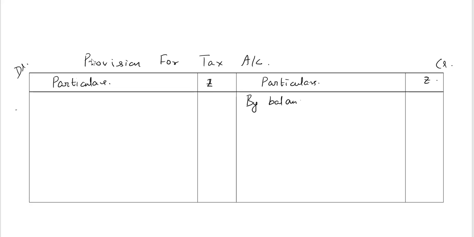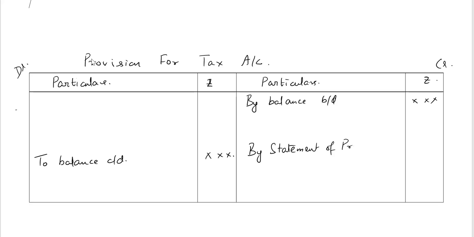By balance brought down, and the closing balance to balance carried down. Now we need to provide for the provision for tax. So that will come here as by statement of profit and loss. And the payment of tax will come as to bank account.